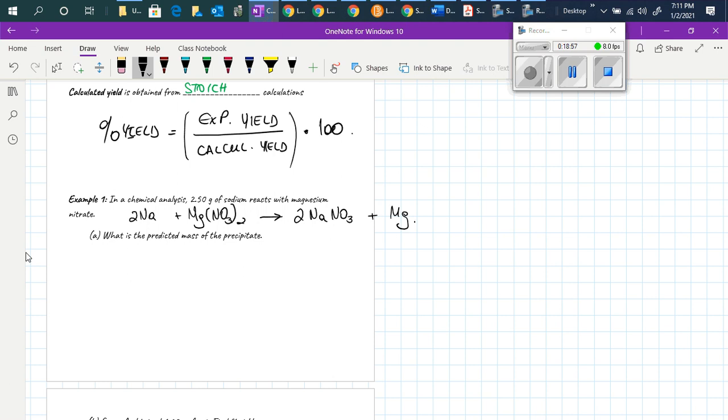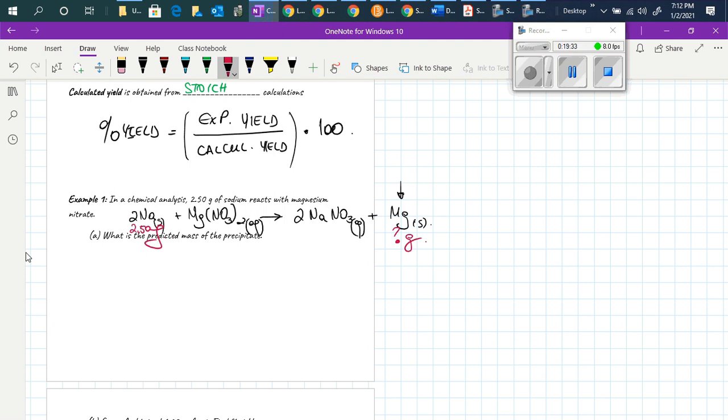The state of matter is solid for sodium, aqueous for magnesium nitrate, aqueous for sodium nitrate, and solid for magnesium. So the precipitate is magnesium. Okay, so we have 2.50 grams of sodium reacting with magnesium nitrate, and we want to know the grams of magnesium.